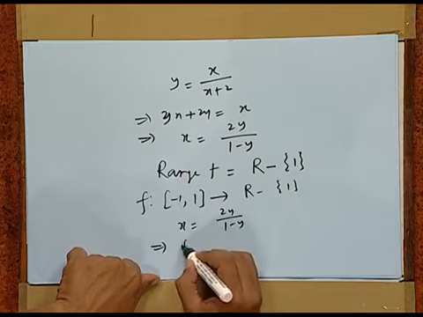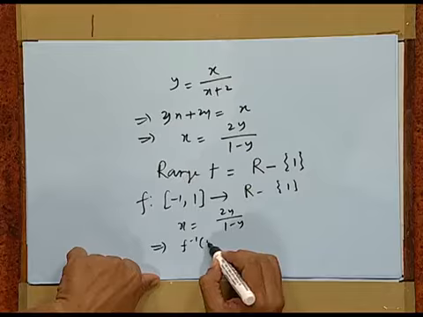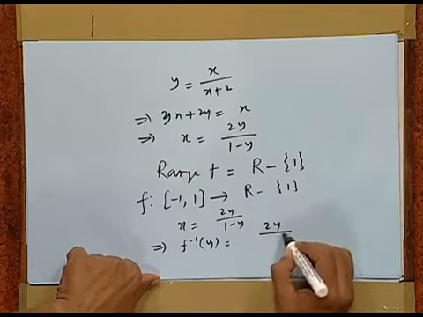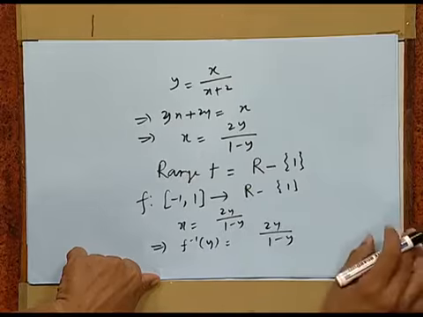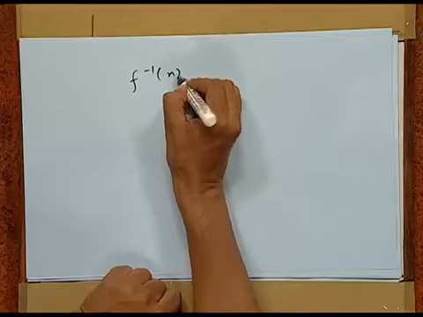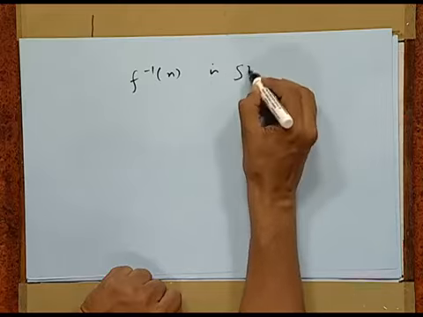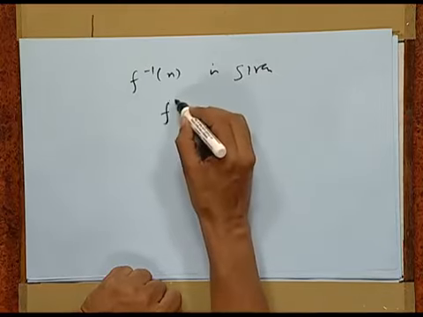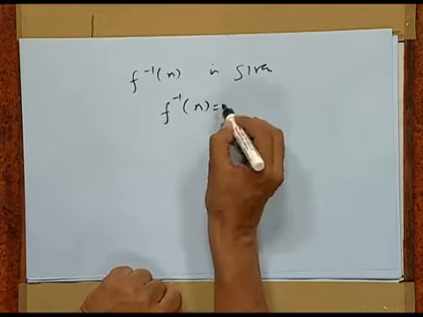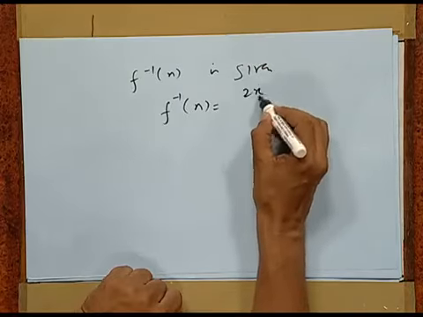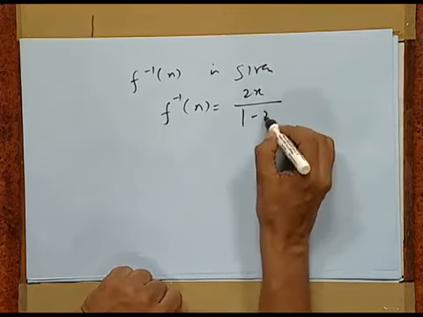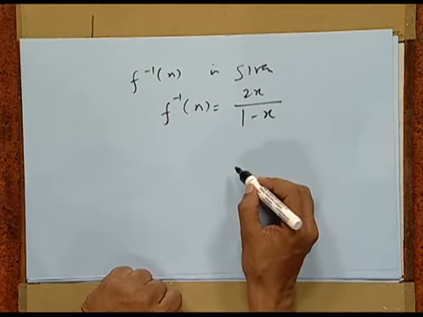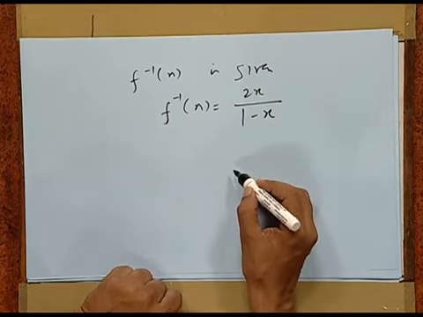This means f inverse of y is 2y upon 1 minus y. The inverse function f inverse of x is given by f inverse of x equals 2x upon 1 minus x. Thus, we find the inverse.